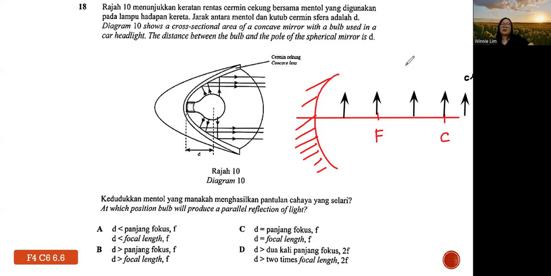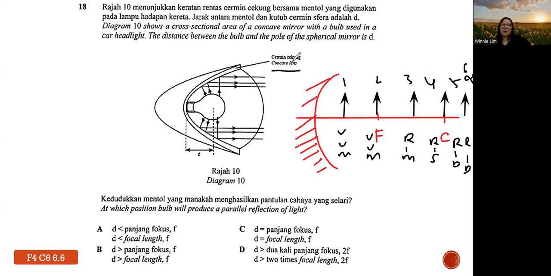Then we have these 6 cases: 1, 2, 3, 4, 5, and 6. And the characteristics areWRIM, RIRW. So this is applicable for convex lens as well, not only concave mirror.